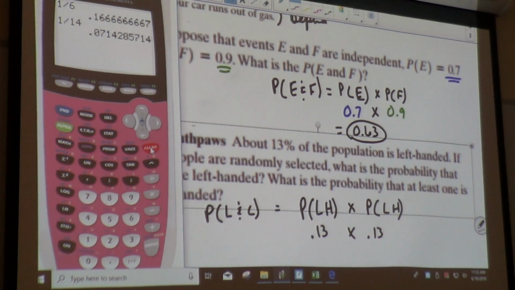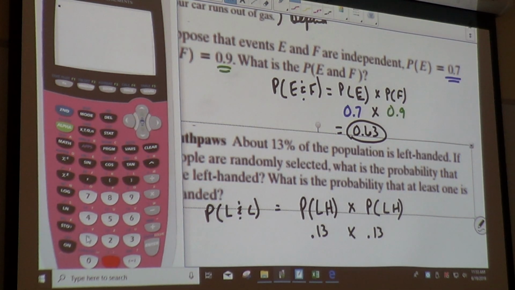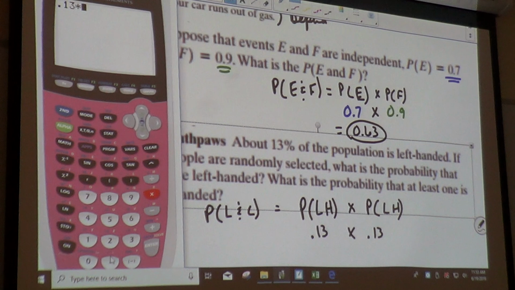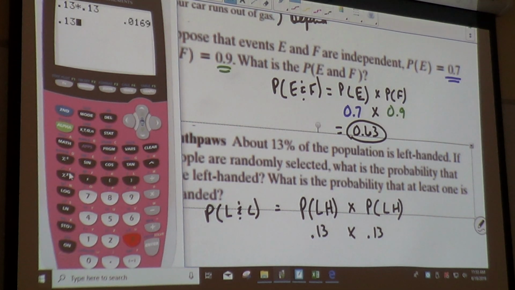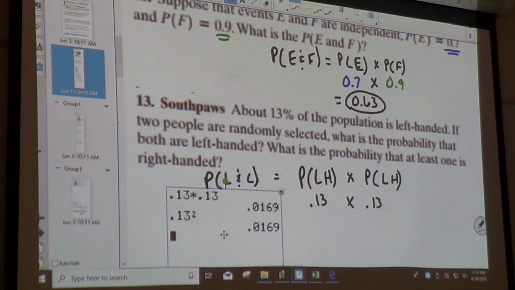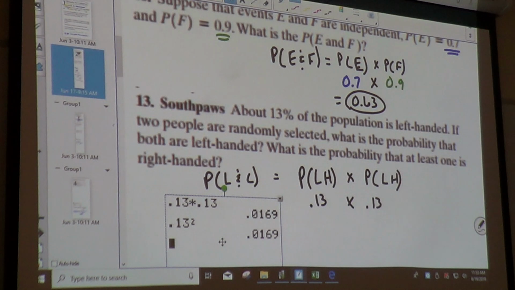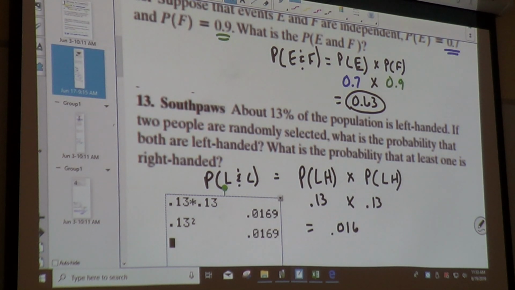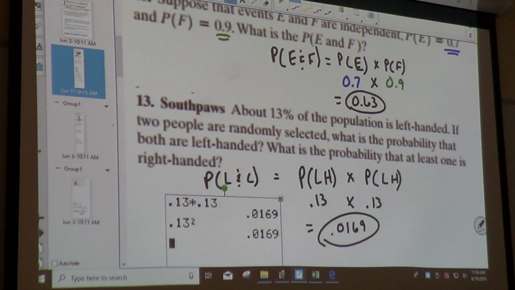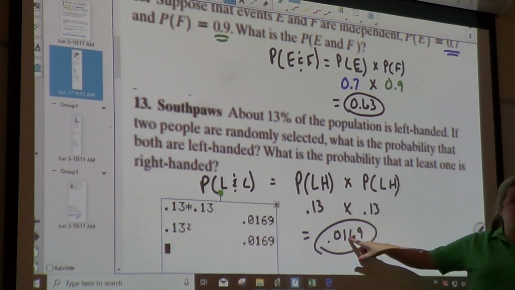If I go to my calculator, I can either do 0.13 times 0.13, or I can do 0.13 squared, because there's two of them. It does not matter, it'll give me the same answer. So the probability that I walk into a room or into the world and ask two people in a row, are you left-handed, is 1.69%.